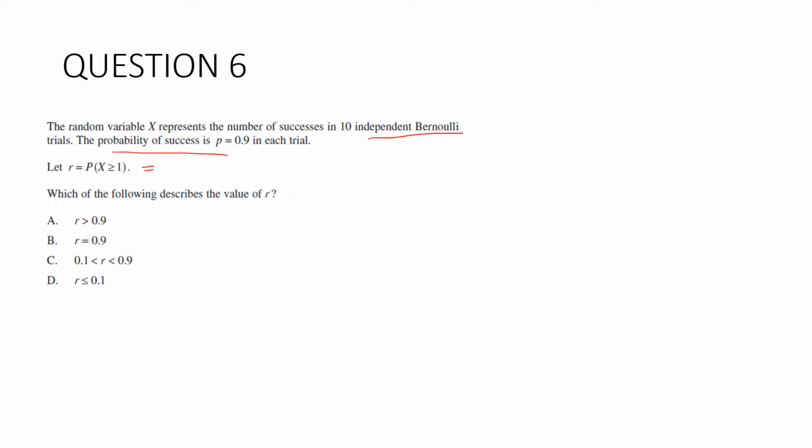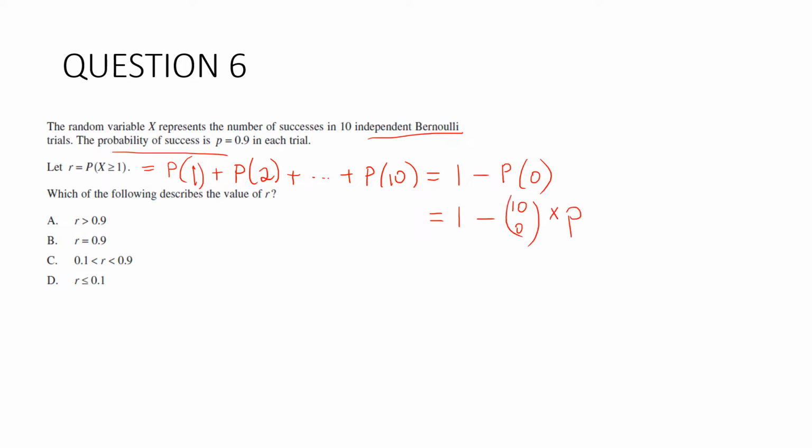The probability that x is greater than or equal to 1 means the probability that we have 1 success, or 2 successes, or 3 or 4, all the way up to 10 successes, which of course is best done via the complementary event. 1 minus the probability of the thing we don't want, which is 0 successes. Into the formula: this is 10C0 times the probability of success to the power of 0 and the probability of failure, which is 1 minus p, to the power of 10.